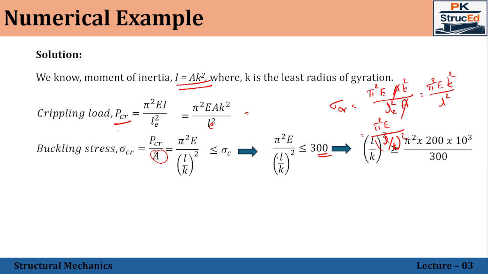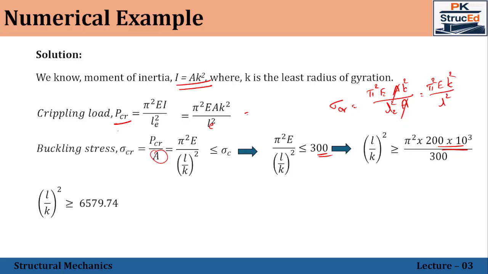Now we bring this to the right side, and this 300 is brought to the denominator, so that pi square E is written as 200 into 10 power 3, and 300 comes in the denominator, and the left side becomes L by K whole square. That should be greater than or equal to pi square into 200 into 10 power 3 divided by 300.